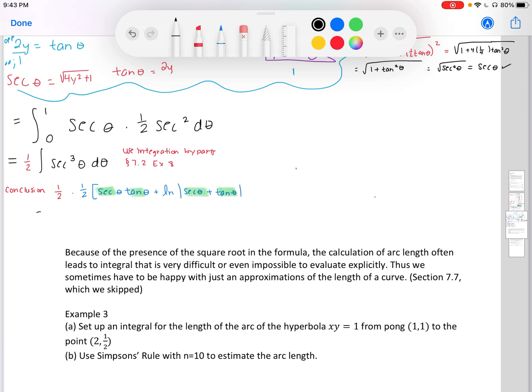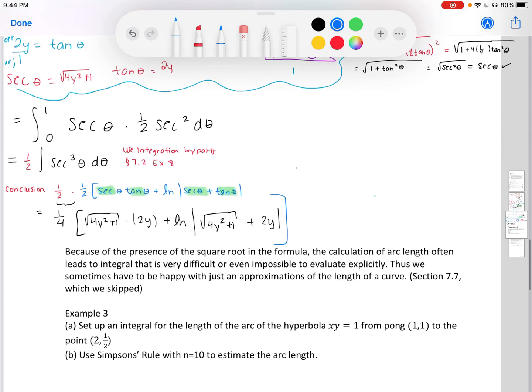So we have 1/2 times 1/2, that's just 1/4. Instead of secant theta, we write the square root of 4y squared plus 1. For tangent theta, we write 2y, plus the ln of the absolute value of the square root of 4y squared plus 1 plus tangent theta, which is just 2y. And for all of this, our limits are from 1 to 0.